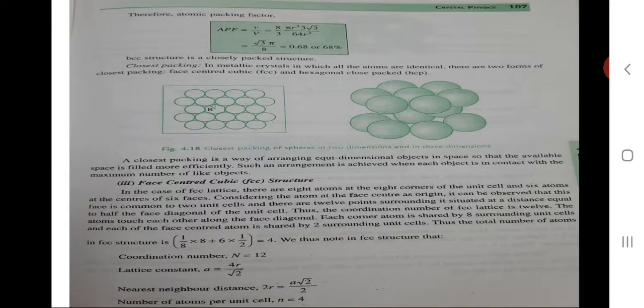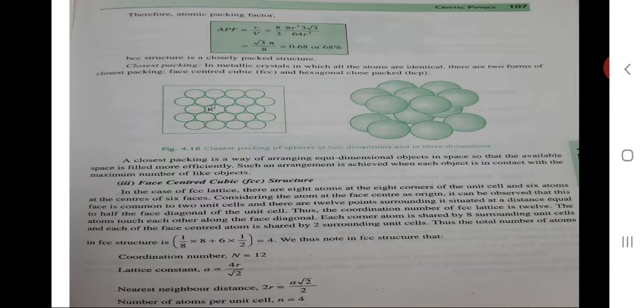Thus, the coordination number of the FCC lattice is 12. The atoms touch each other along the face diagonal. Each corner atom is shared by 8 surrounding unit cells, and each face centered atom is shared by 2 surrounding unit cells. Thus, the total number of atoms in FCC is 1/8 into 8 plus 6 into 1/2, which is equal to 4.